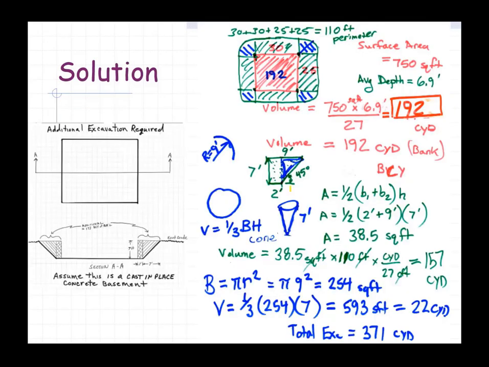Now recall that we need to over-excavate beyond the physical size of that structure. We need to over-excavate to lay those slopes back for safety. So if those slopes are laid back at a 1-on-1 or a 45-degree angle, let's estimate the volume of excavation that's in addition to just the basement area.